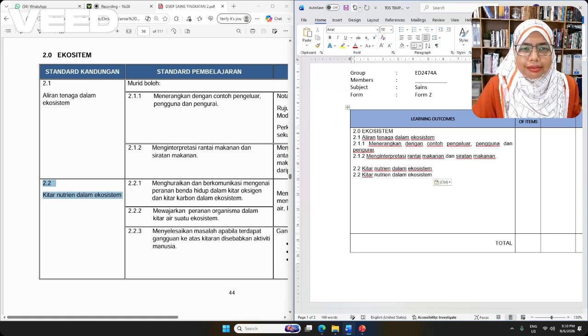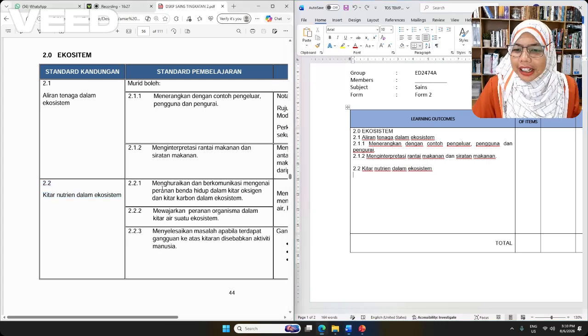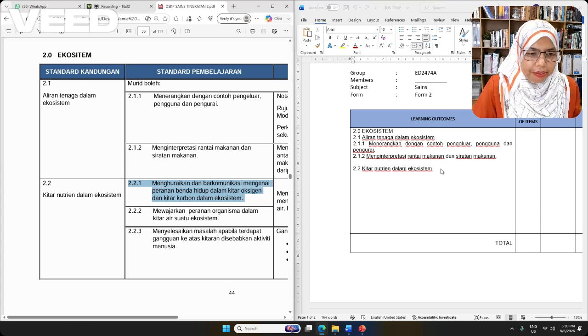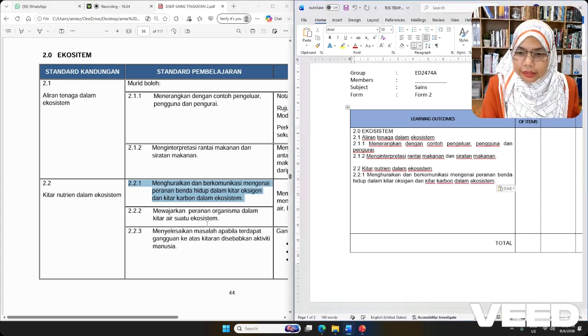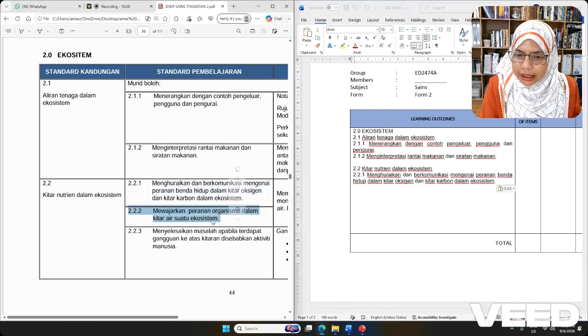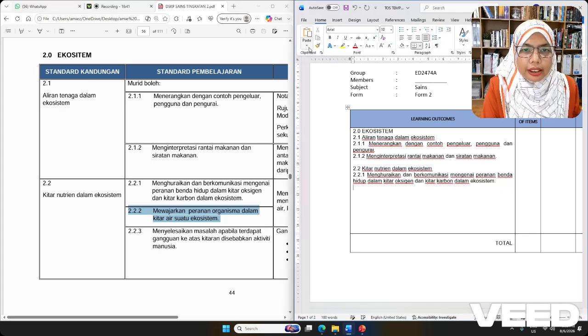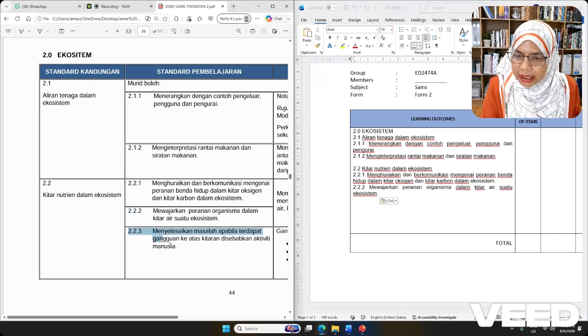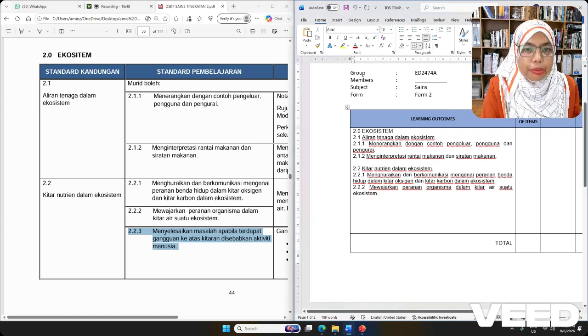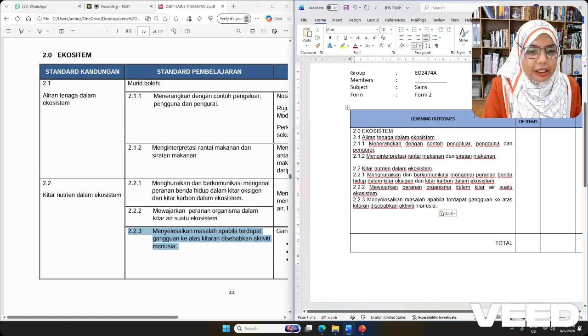Eh, lupa. Okay. What I'm supposed to do is doing this. Mewajarkan, yes, this would be C5, evaluation questions based on Bloom's taxonomy. Menyelesaikan masalah, yes, these can be questions for create, and that would be the highest level of Bloom's taxonomy.